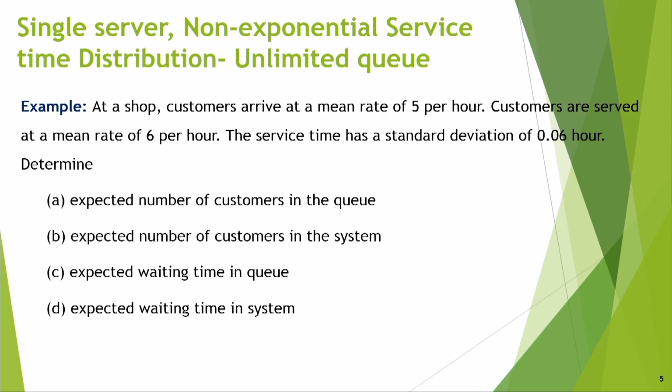You understand that in a single server model, your service rate will be more than the arrival rate. Otherwise, the queue will become unstable and all these formulae will not work. So here the service rate is actually 6 per hour, whereas the arrival rate is only 5 per hour.